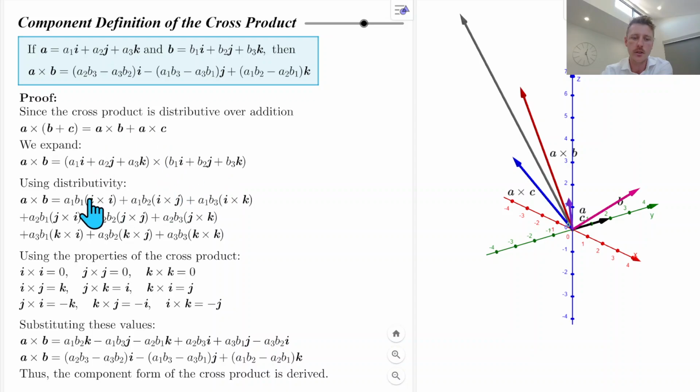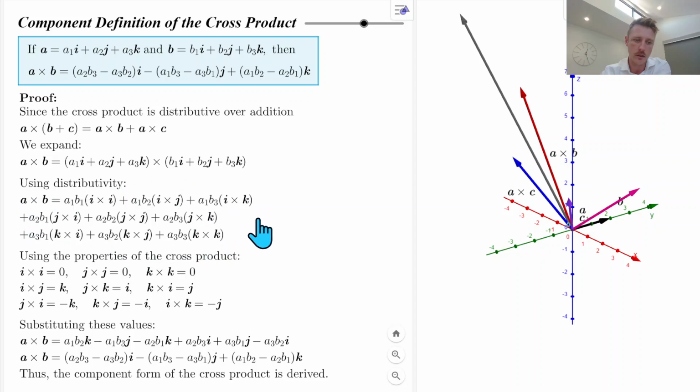Now using that distributive property, we're going to have to cross A1I with B1I, A1I with B2J, A1I with B3K, and similarly A2J with B1I, A2J with B2J, A2J with B3K, A3K with B1I, A3K with B2J, A3K with B3K.